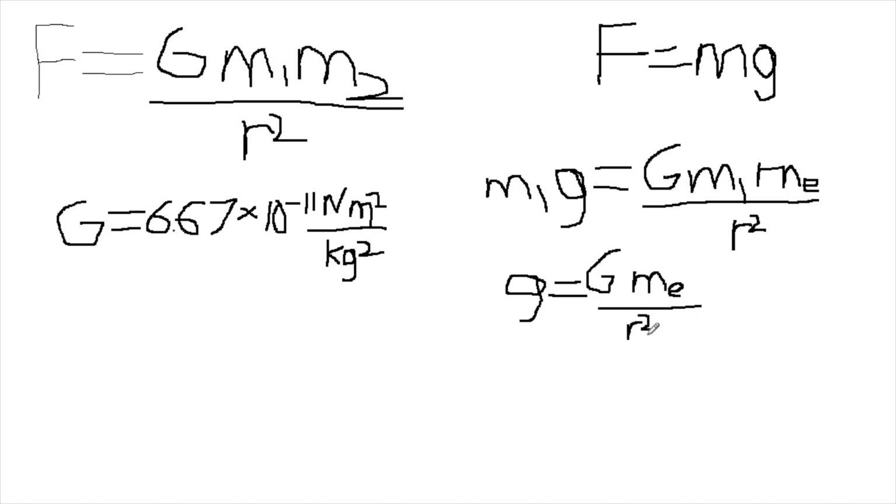And so we multiply both sides by the distance r squared, and divide both sides by big G. So we get small g divided by big G, and then multiply by r squared is equivalent to mass of the Earth.